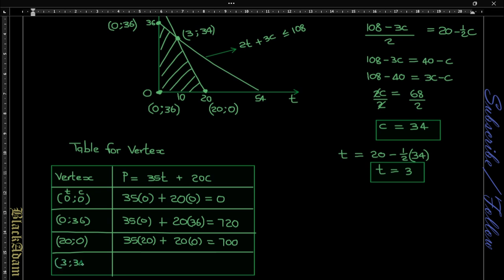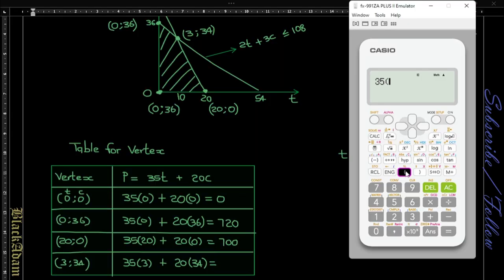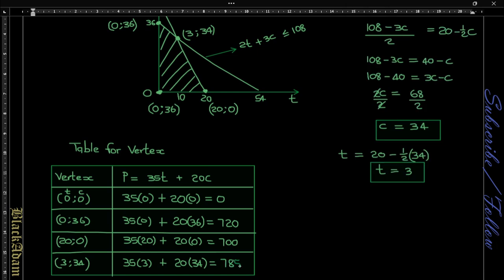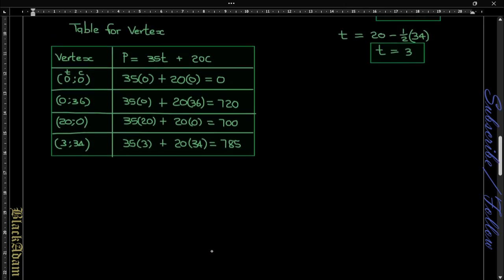Now we have 3 and 34, the point of intersection. That means 35 times 3 tables, and 20 multiplied by 34 chairs. That gives us 35 times 3 plus 20 times 34, and all that gives us $785. So you can see we get more money with the last option, which is 3 tables and 34 chairs.